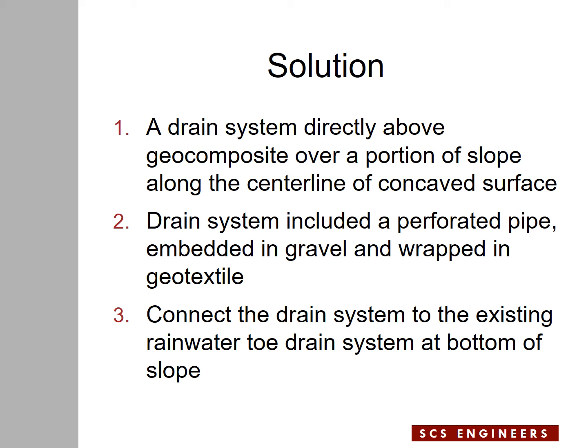It was a perforated pipe embedded in gravel and a geotextile wrapped around it. And we connected this drain system at the bottom of the slope to a rainwater drain system to capture the water from the perforated pipe and release it into the perimeter ditches.